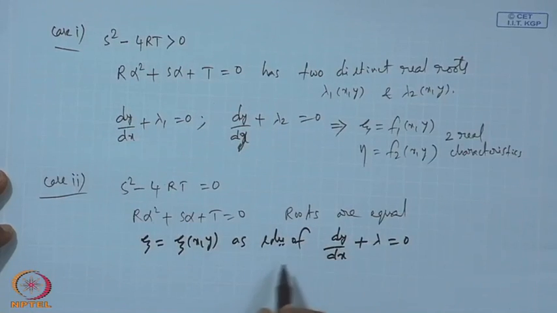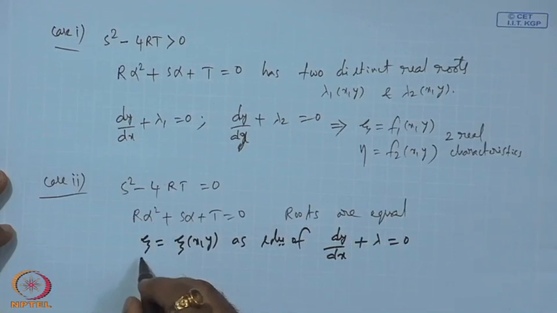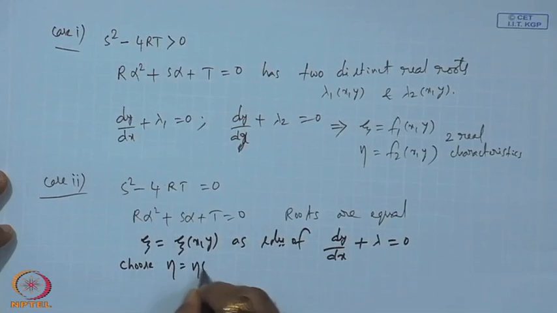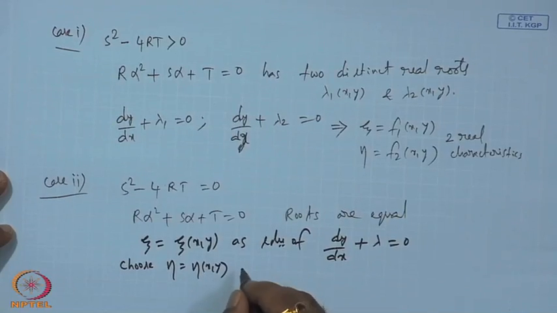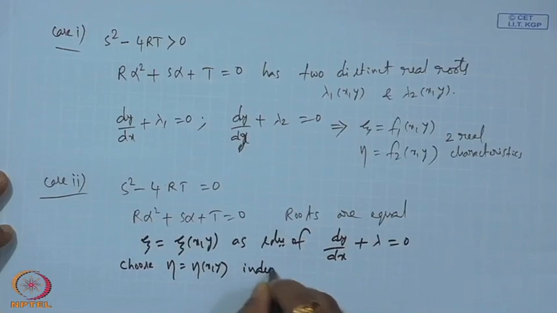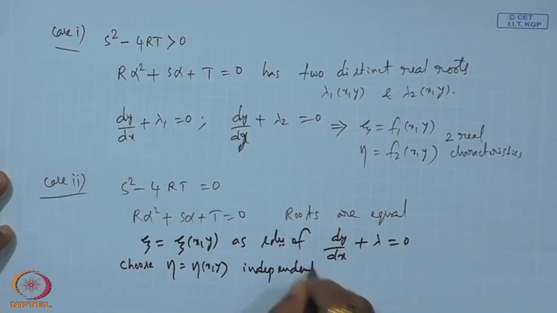So, which means we have one here, and then we have to choose eta equals eta of x y, independent. Okay.